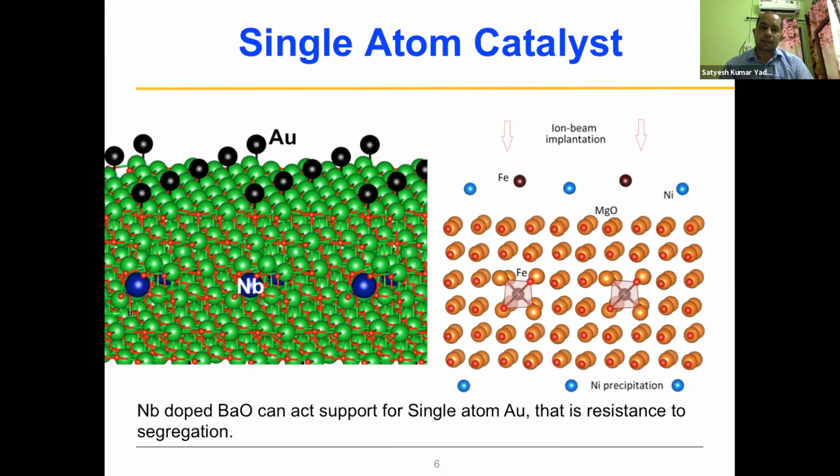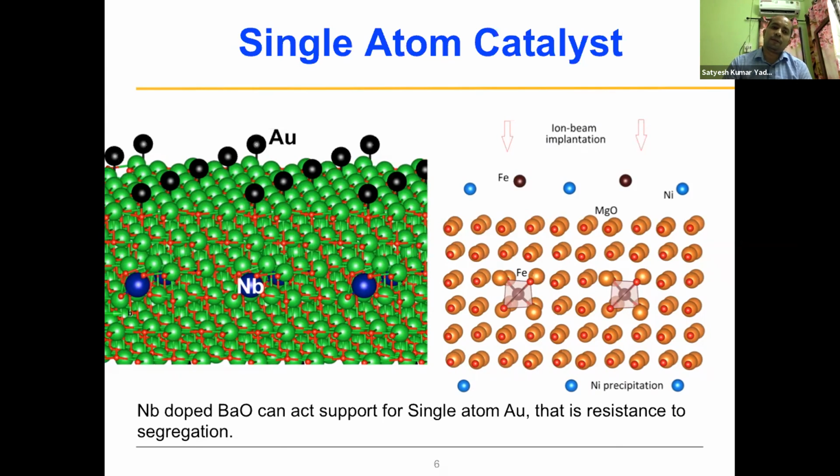The idea is that we propose, through a series of calculations and publications already, that if you implant transition metals into a stable oxide... So far people have been trying to stabilize single atom catalysts on a stable oxide, and that makes a lot of sense because the oxide can act as the base support.